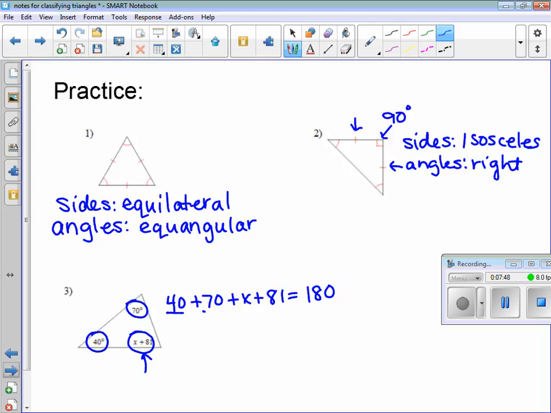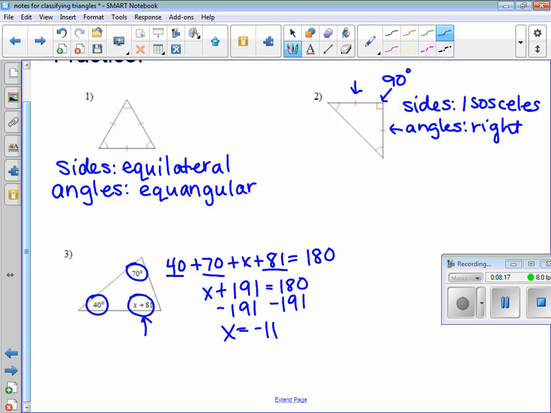So you combine like terms, so you got 40 and 70 is 110. 110 plus 81 is 191. The x was by itself, so it just drops down. Still set it equal to 180. Subtract 191. So you get x equals negative 11.